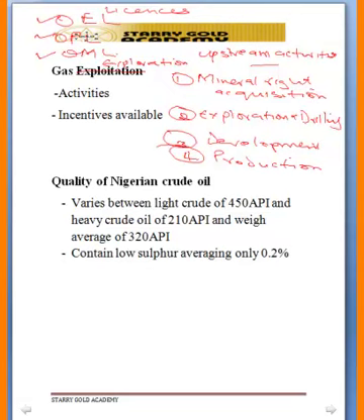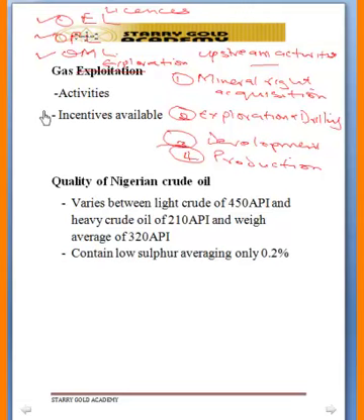For the gas exploitation, what are the incentives? Let's go through the incentives that are available to them. One, in the course of separating oil and gas from the reservoir into usable product, it is considered part of the oil field development. The cost of doing that is regarded as part of the oil field development. They are regarded as qualifying capital expenditure, and so will be claiming capital allowance.